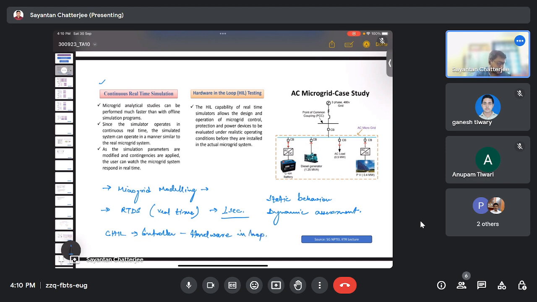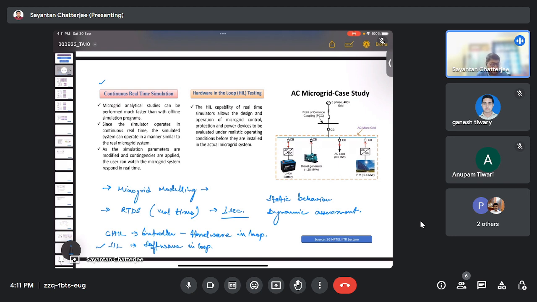So we have SIL, software in loop, and we have controller hardware in loop. In software in loop, the entire thing is done in MATLAB or any kind of software platform, Python, PSCAD, anything. So this is only related to the software part.